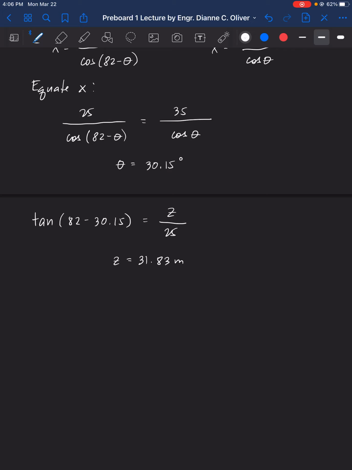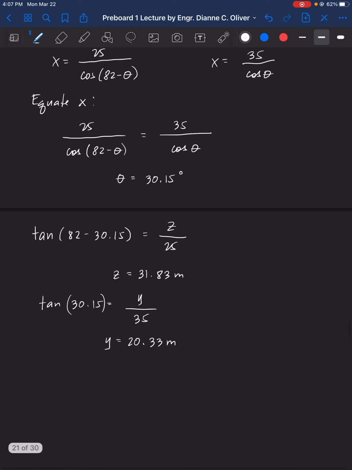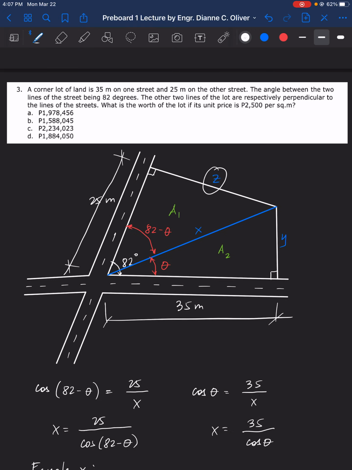Now for the other one, we have tangent 30.15 is equal to the opposite y all over the adjacent 35. So y now is equal to 20.33 meters.